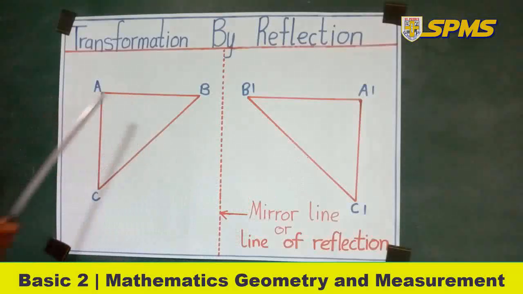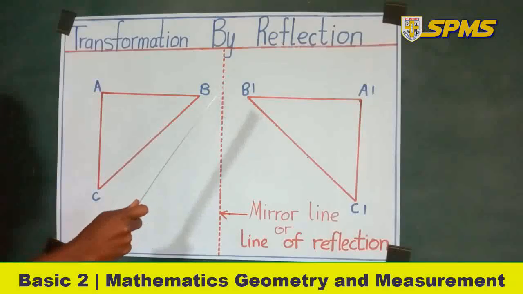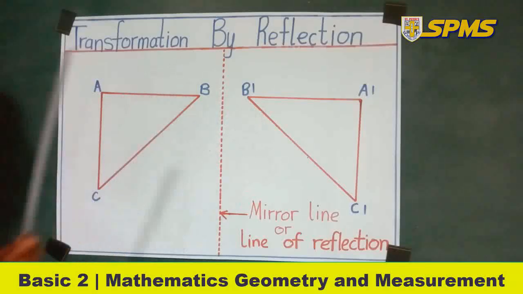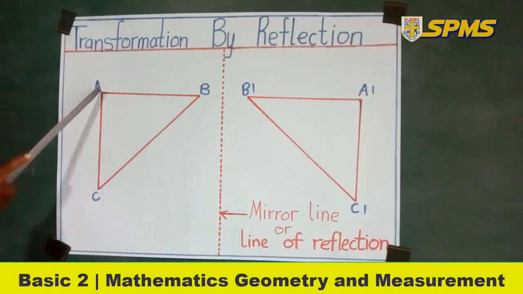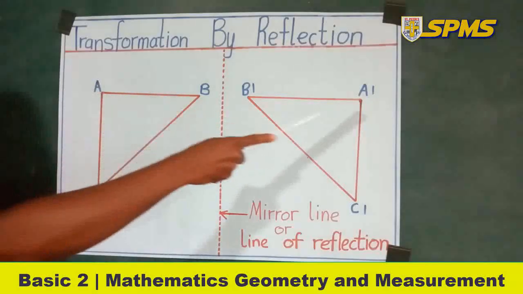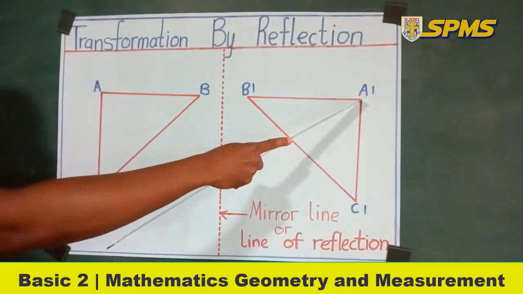Look at the position of the points. The reflected image is taking a different position. Look at A from the original position. When you look at the reflected position, it's at the other side, which is the right-hand side.